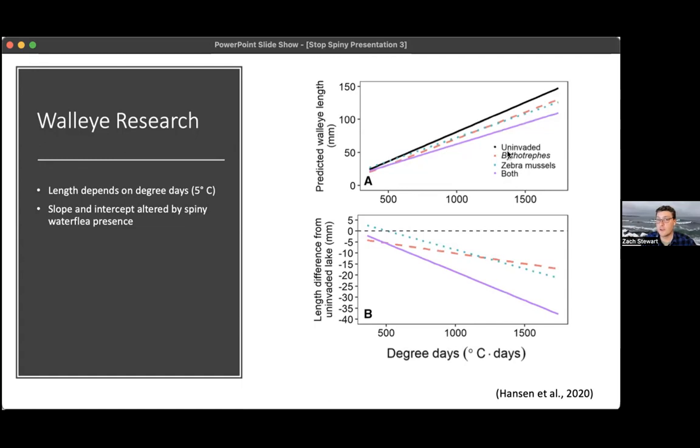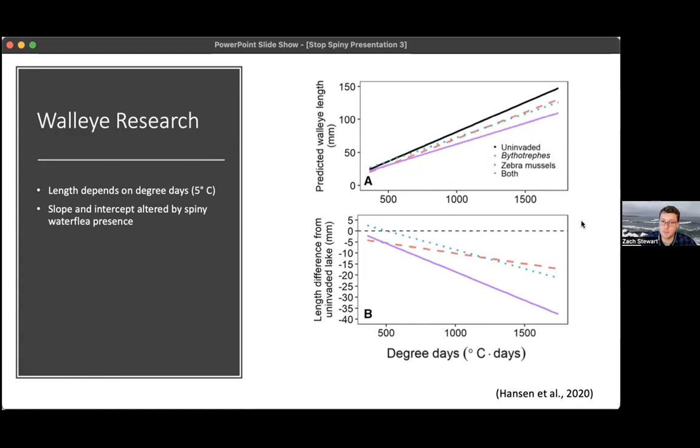Now, if you direct your attention to the orange dotted line right here, you can see it's just got a significantly lower slope. So that slope represents lakes that have been invaded by Bythotrephes, or spiny waterflea. So in those invaded lakes, we're seeing slower growth of walleyes over time.